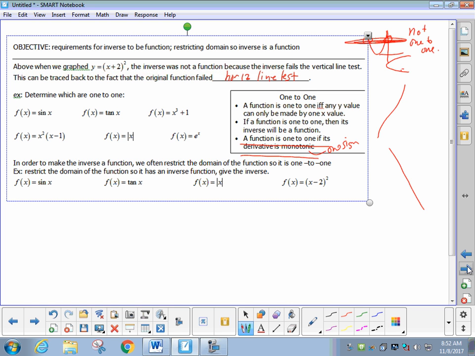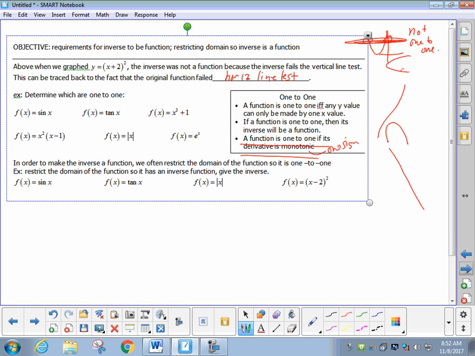Why would it be important for the derivative to be one sign only, either positive or negative? Well, if there's a sign change, then what would happen? Yeah, you're talking no more one-to-one, yeah? So if the derivative is monotonic, or one sign only, then the function will be one-to-one, and the inverse will be a function as well.